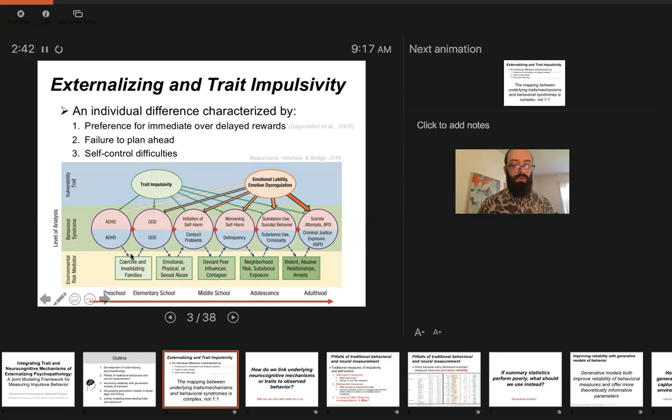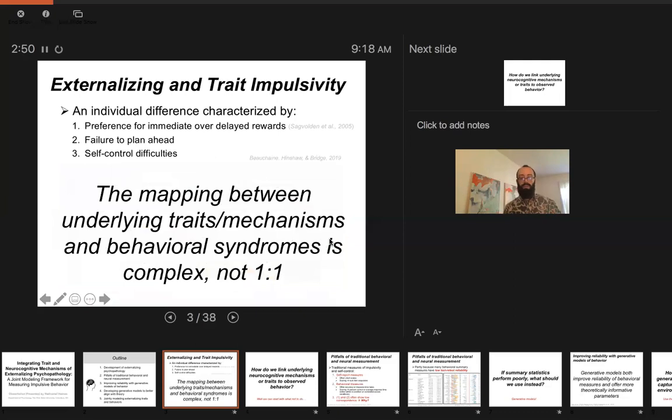Different types of what we could call environmental mediators can actually push you along this trajectory. But I think what is made clear by all of this is that the mapping between underlying traits or mechanisms, or whatever we think underlies observed behavior, and behavior itself is actually not one-to-one. It's rather complex.